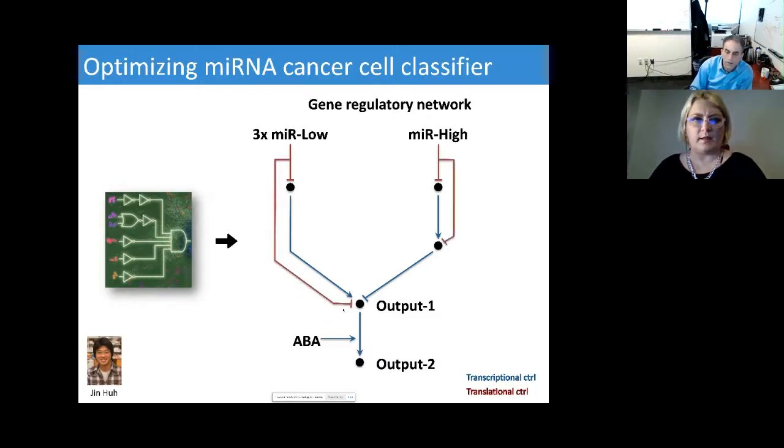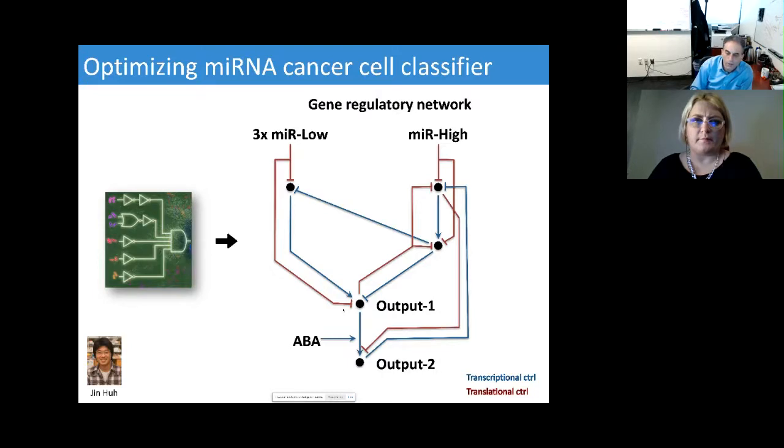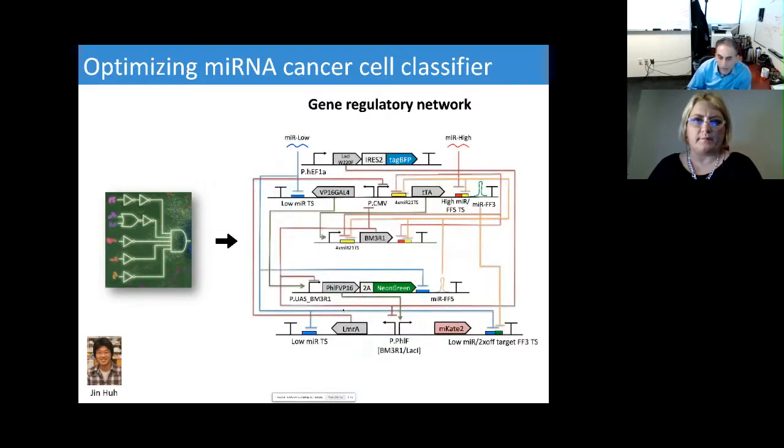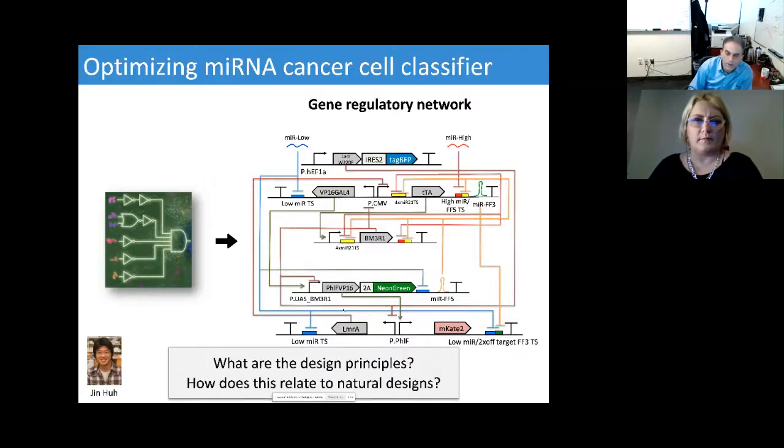So feed forward, another feed forward, another feed forward, another, and feedback motif, another feedback motif, and another feed forward motif. And so he created an actual genetic circuit that looks really messy, what you're seeing here, but then this circuit controls the virus so that the virus only replicates under the right conditions.